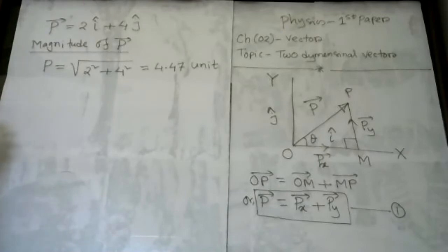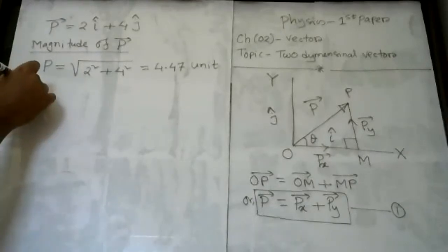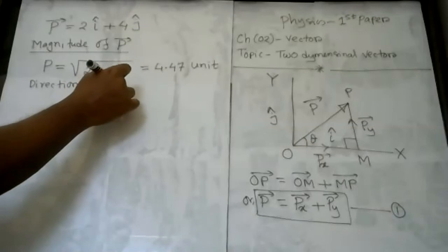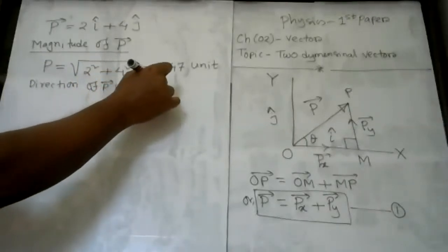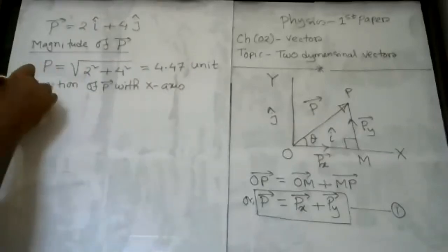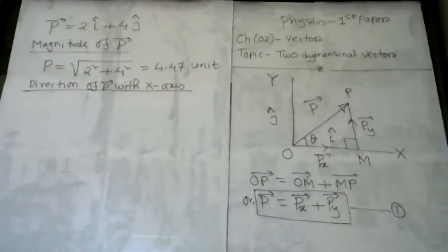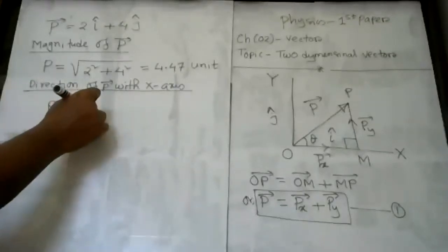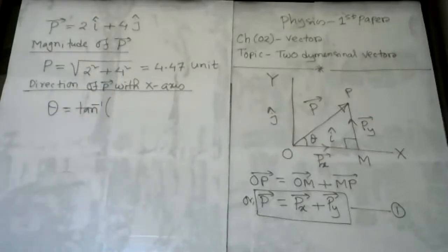Now I'm going to find out its direction. I just want to find out only the direction of P. So, direction means what? Theta will equal to tan inverse of Py divided by Px.